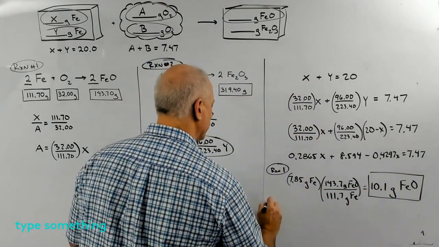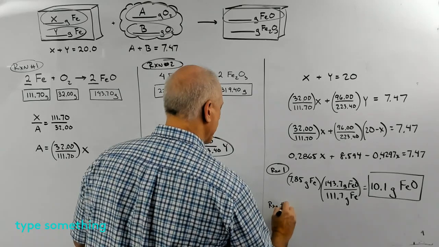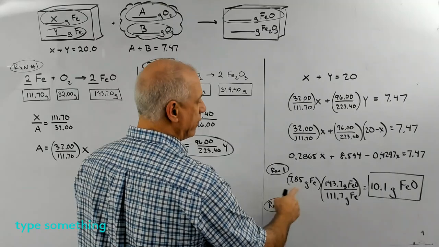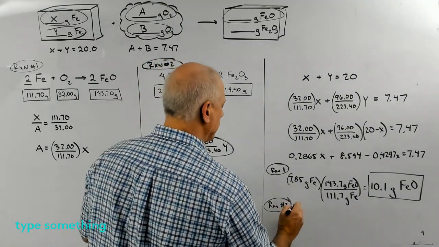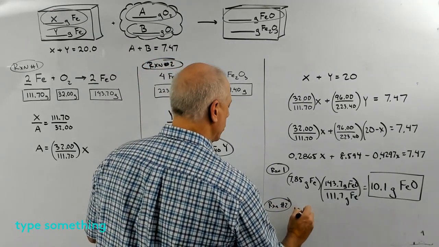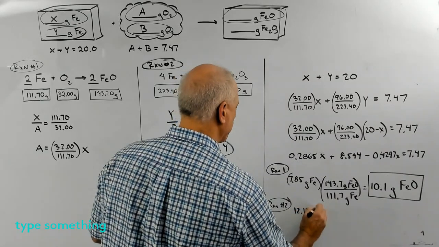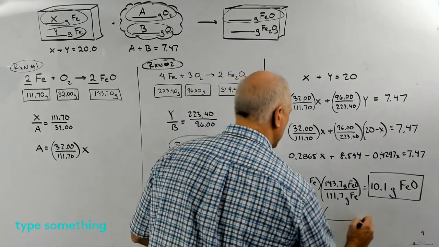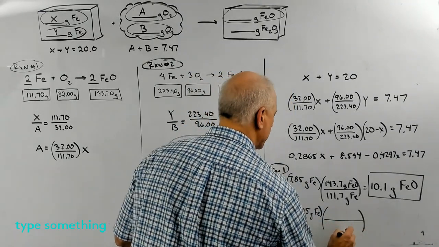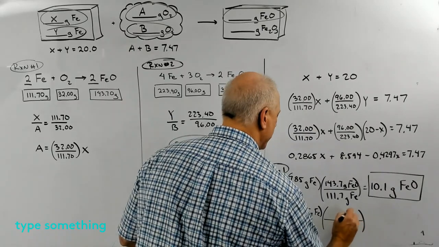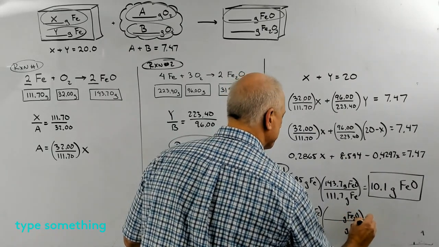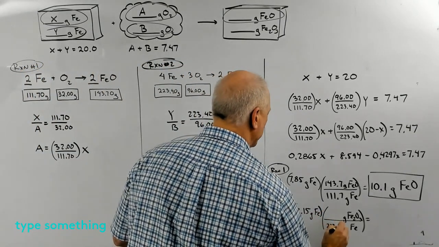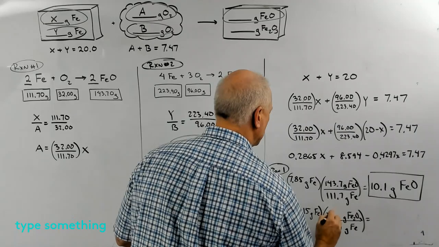And in reaction number 2, the 7.85 was our X value. I erased it, I apologize for that. Our Y value was 12.15 grams of iron. Then we have grams of iron to grams of Fe2O3, and that's from here, 223.4 to 319.4.